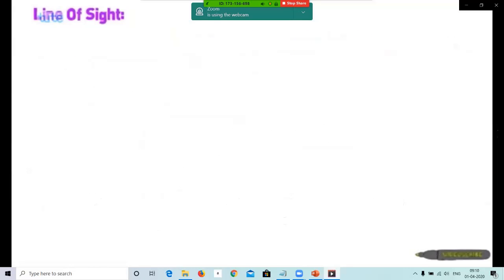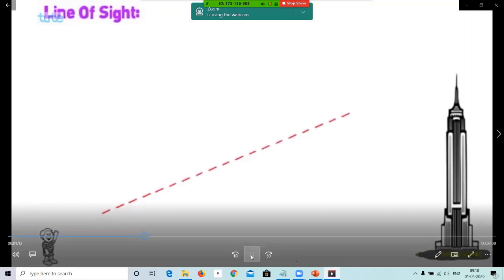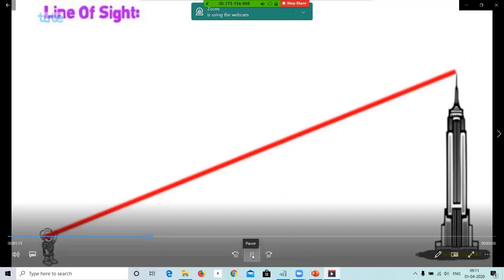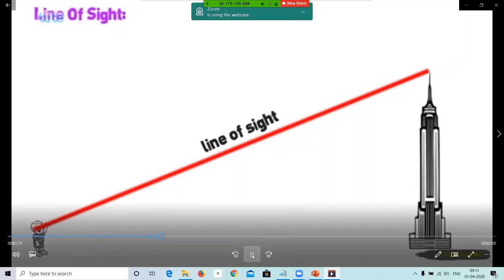Let's see, what do you mean by line of sight? Consider a boy standing on the ground and a tower which is at a certain distance. That boy is watching the top of the tower. So that imaginary line is called line of sight.